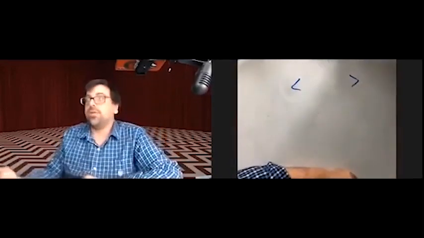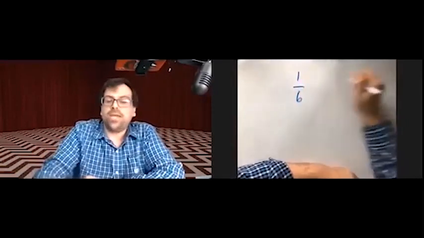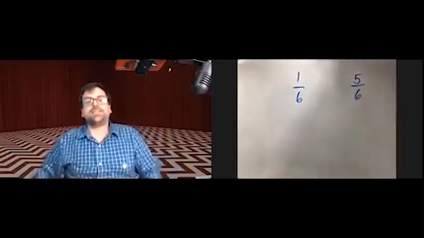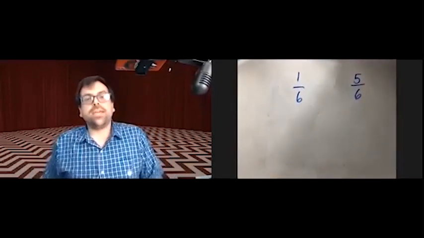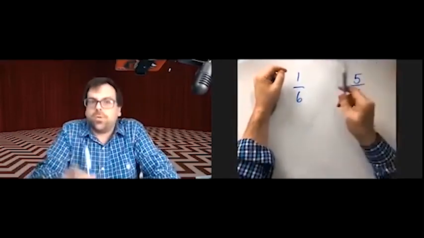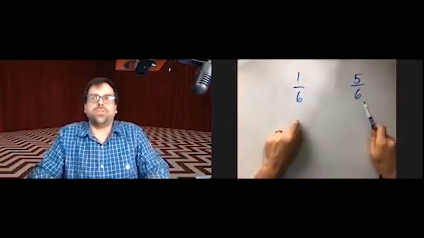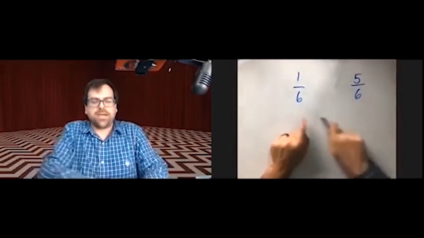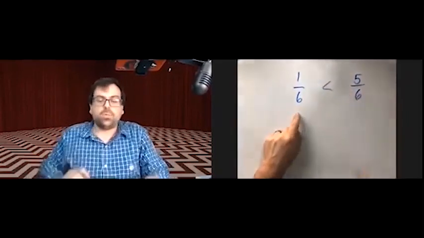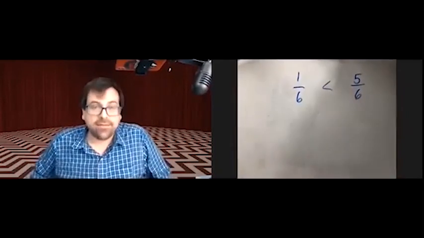But picking less than or greater than when it comes to fractions. If we had 1/6 and 5/6, we can compare using the top numbers only, but only when the bottom numbers are the same. So because there's a 6 on the bottom of both, we can say 1/6 is less than 5/6.